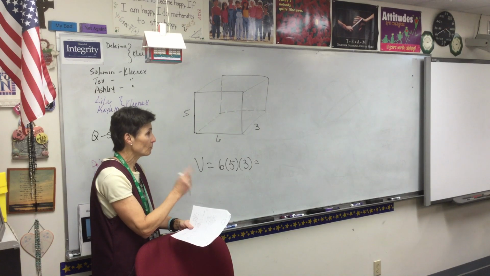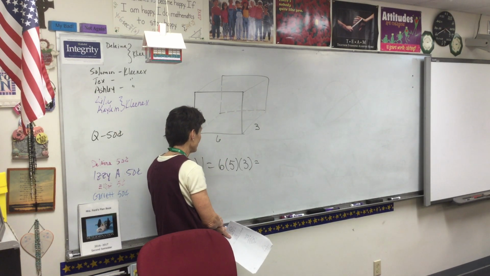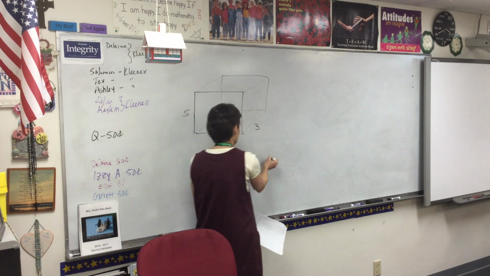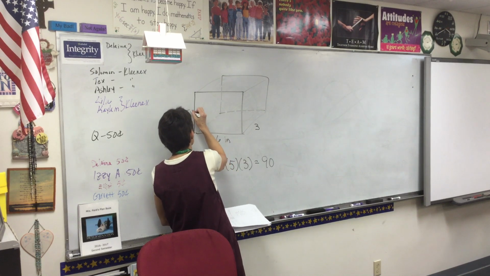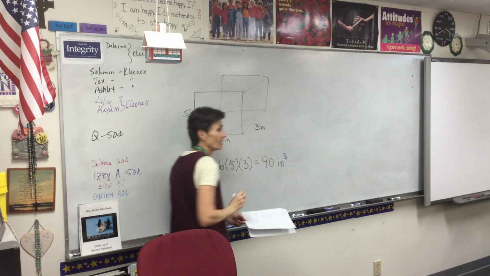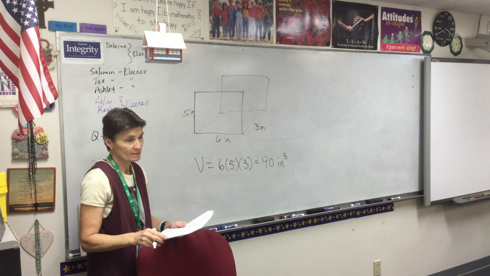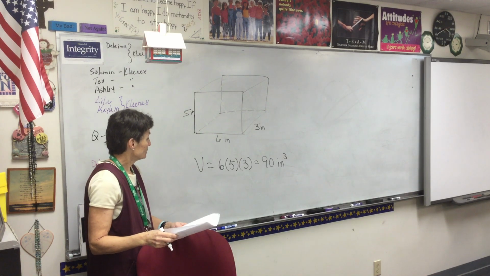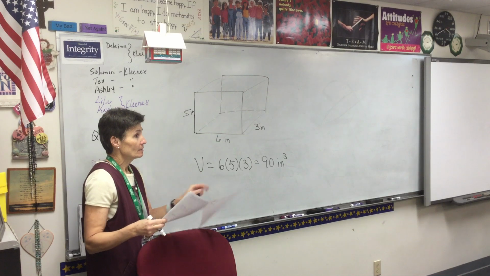You're going to multiply all three numbers together, all three dimensions together. This is a three-dimensional figure. So the volume is 90. I wish I could put units on here. Let's make that inches because we've got to get in the habit of our volumes being cubic units. Is that all right with everybody?